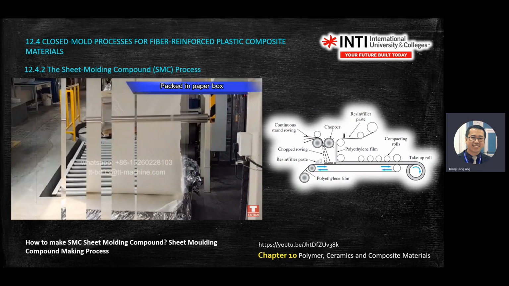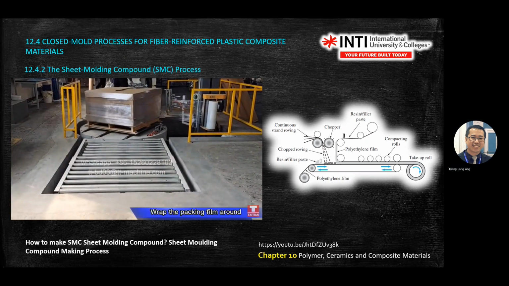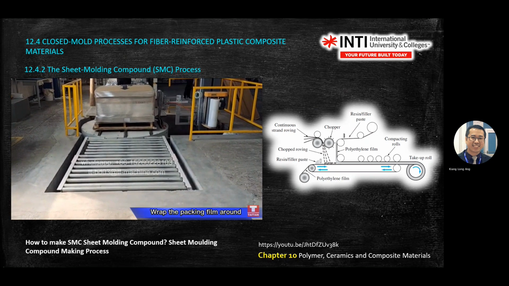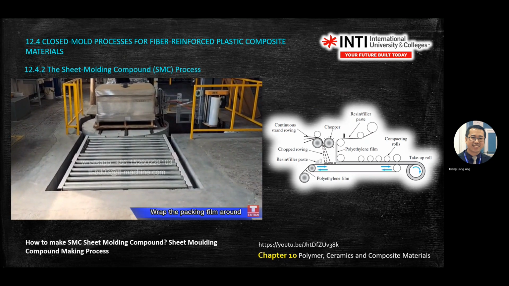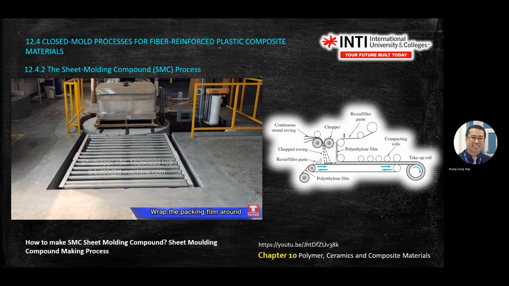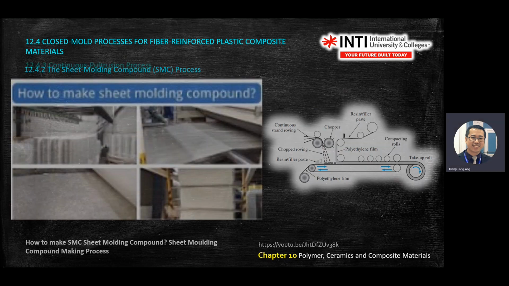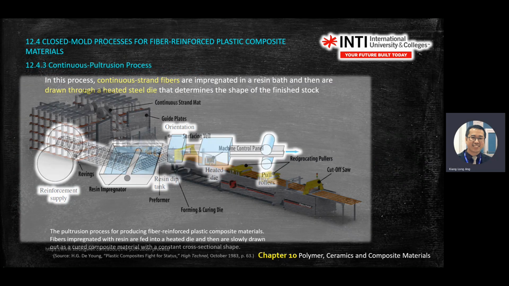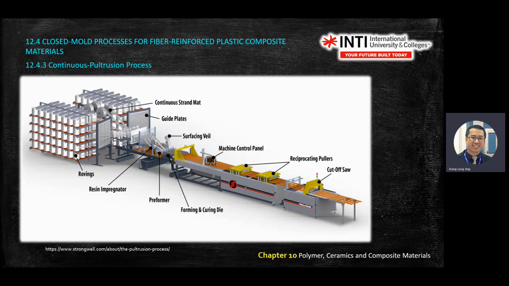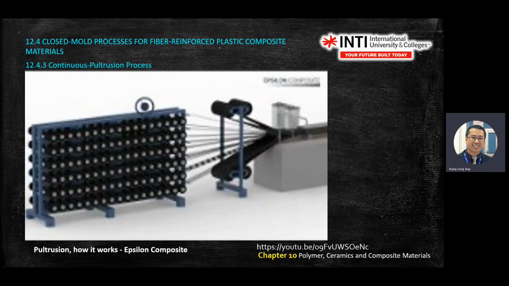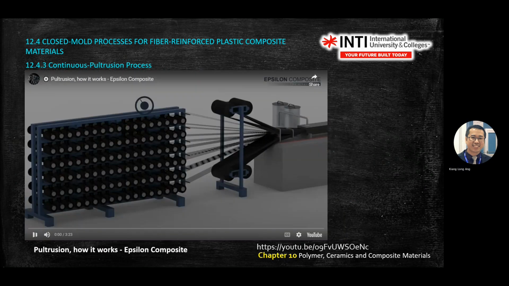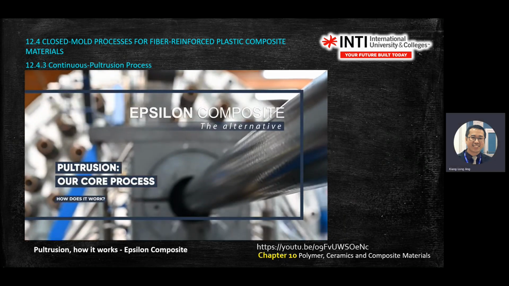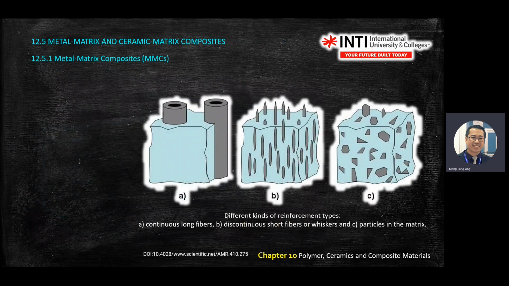So when you buy fiberglass, it comes in a plastic roll. Then continuous pultrusion is a long process, right? Long process. Yeah, this one you watch at home.